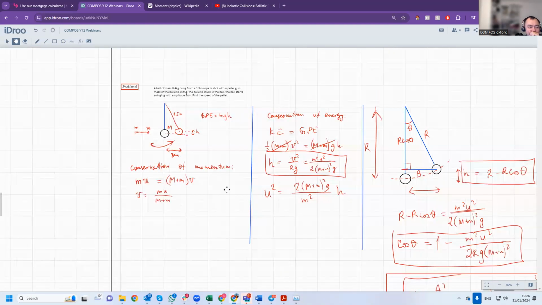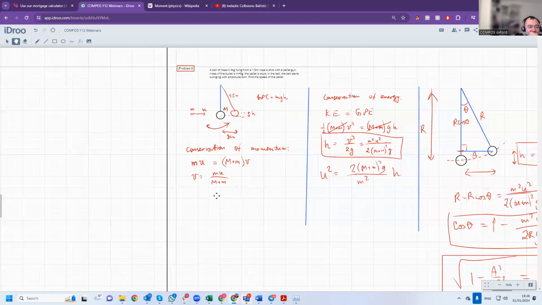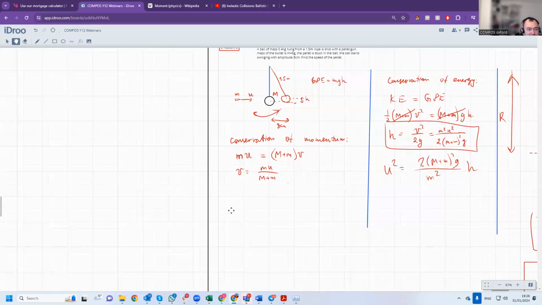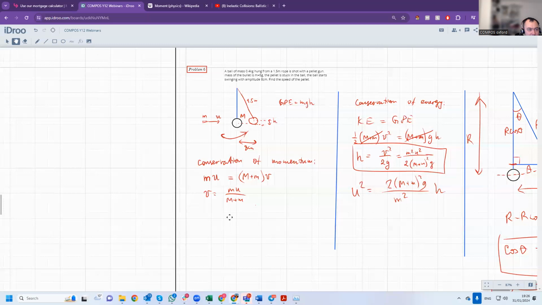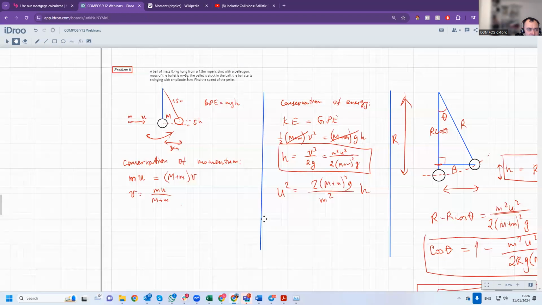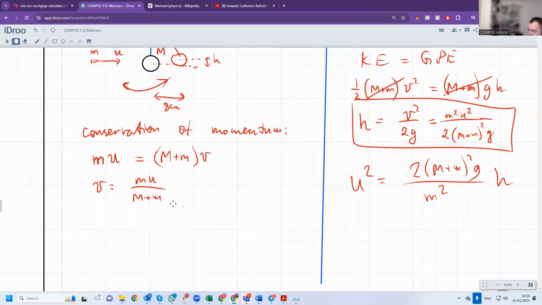Let's go backwards. So let's say the bullet was 200 meters a second. Yeah, imagine the bullet was 200 meters a second. U is 200 meters a second.